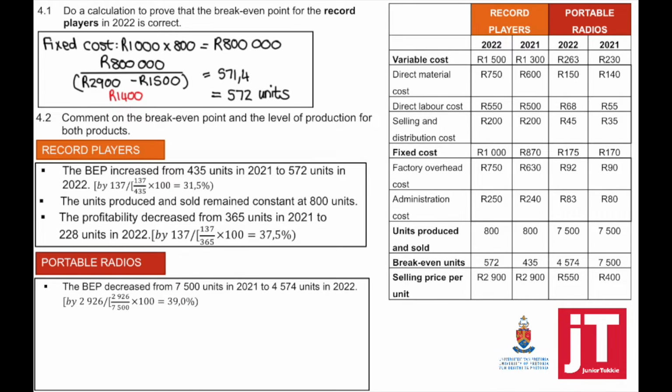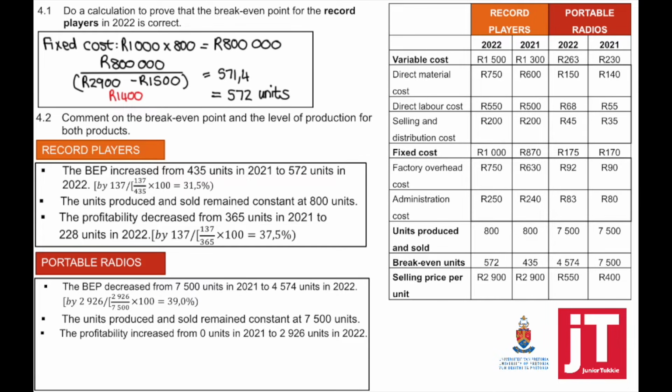If we look at portable radios, the break-even point decreased from 7,500 in 2021 to 4,574 units in 2022. So this is by 2,926, a 39% decrease.